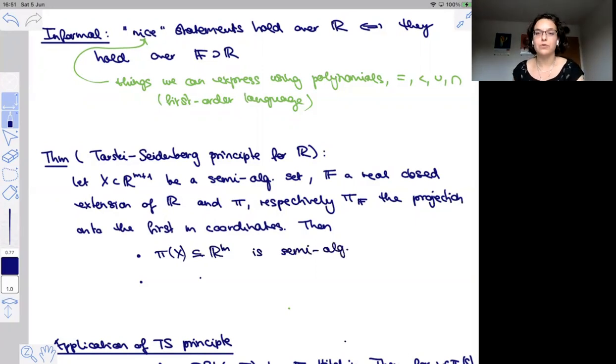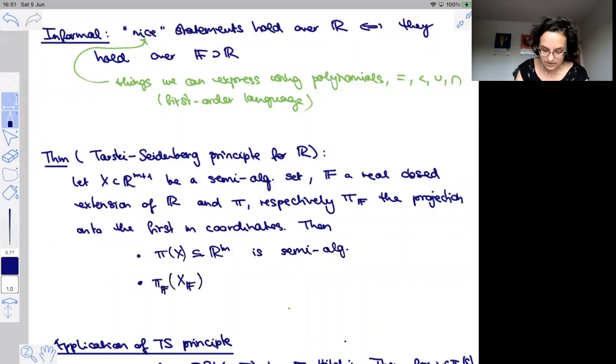This might not be very surprising, but it's not too easy to see. If you look at algebraic sets and you project them on coordinates, they're not going to be algebraic anymore. So this is very nice. And the second statement is that, since X is semi-algebraic, we can look at its extension over F, and then we project.